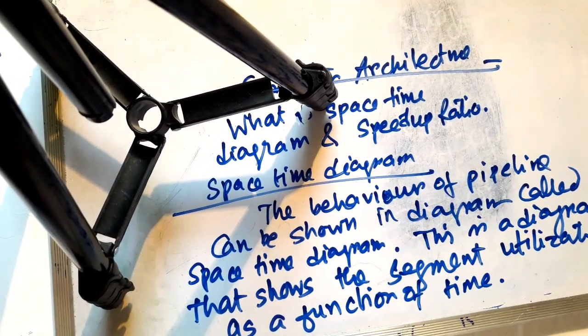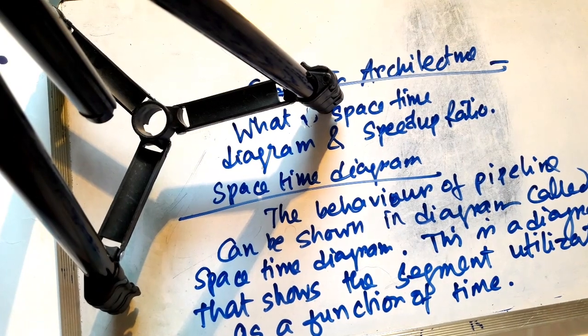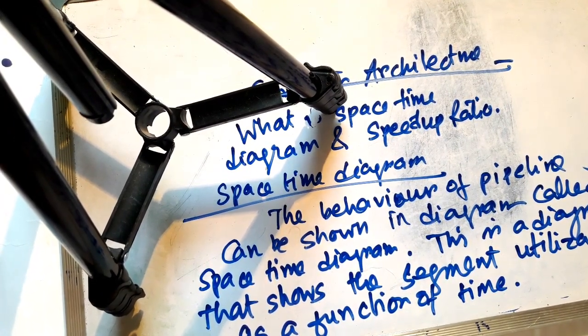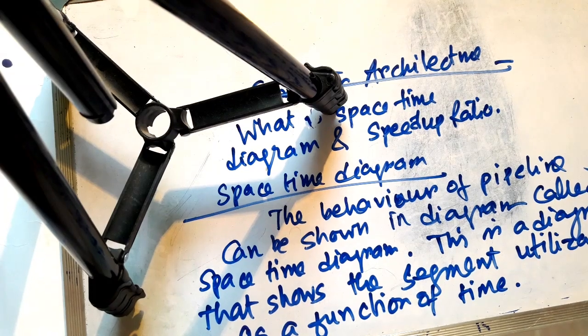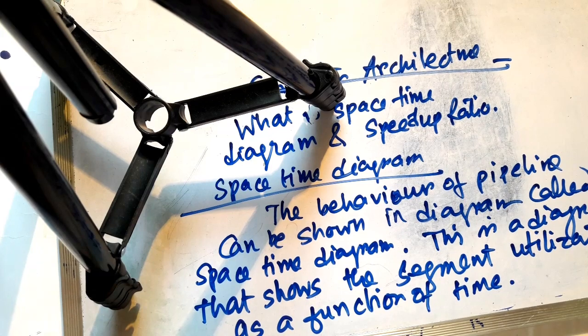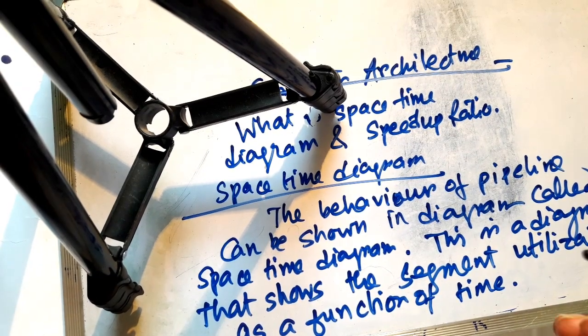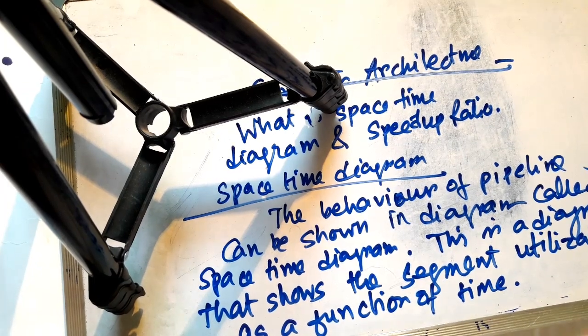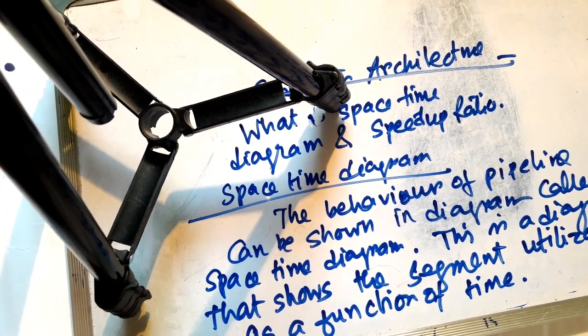Then what is space-time diagram? The behavior of the pipeline can be shown in a diagram called space-time diagram. This is a diagram that shows the segment utilization as a function of time. It is a diagram that shows the segment utilization in terms of time, as a function of time.